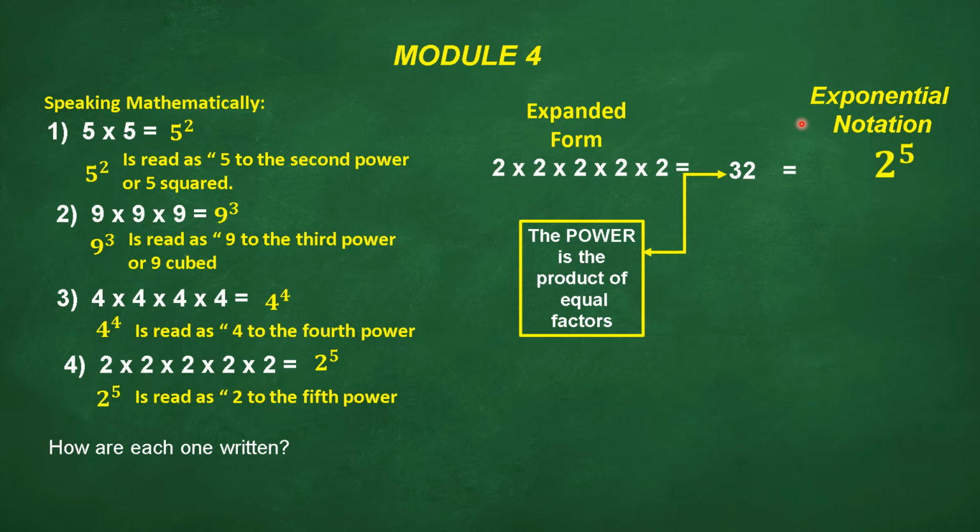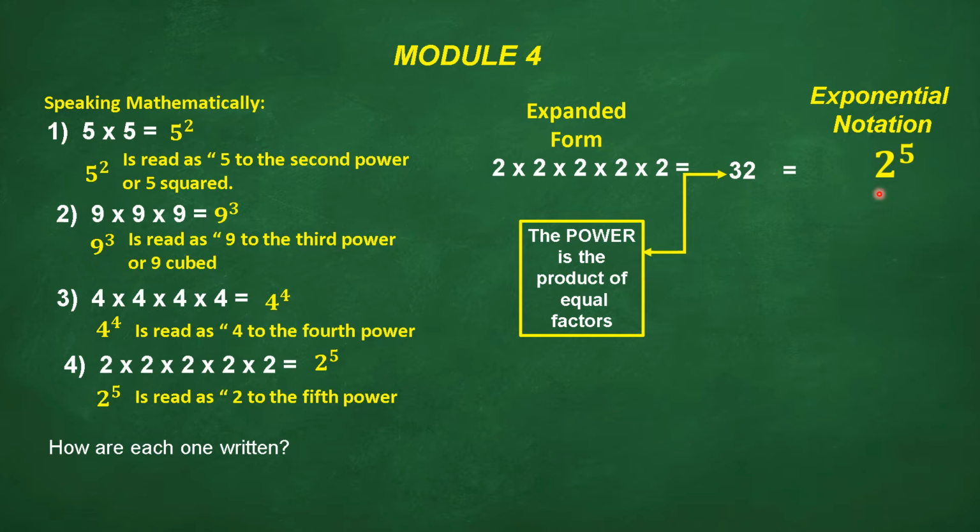Exponential notation is the abbreviated form of writing the numbers from the expanded form. Pinaikli siya. Since pare-parehas naman yung mga factors na ating minumultiply, we're just going to write it in a short way, in an abbreviated way.